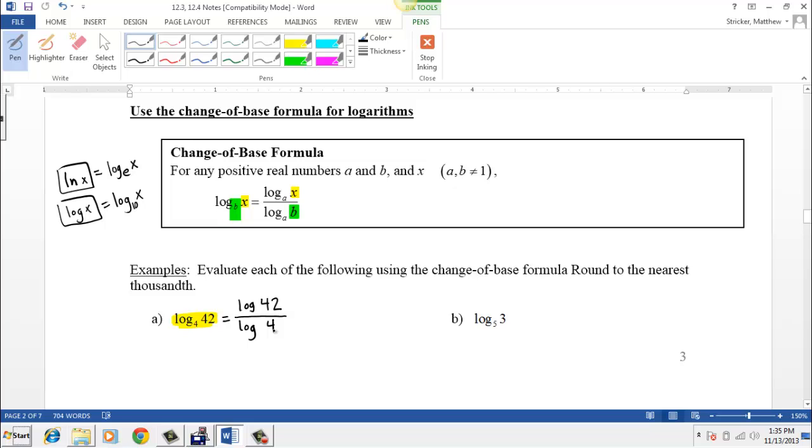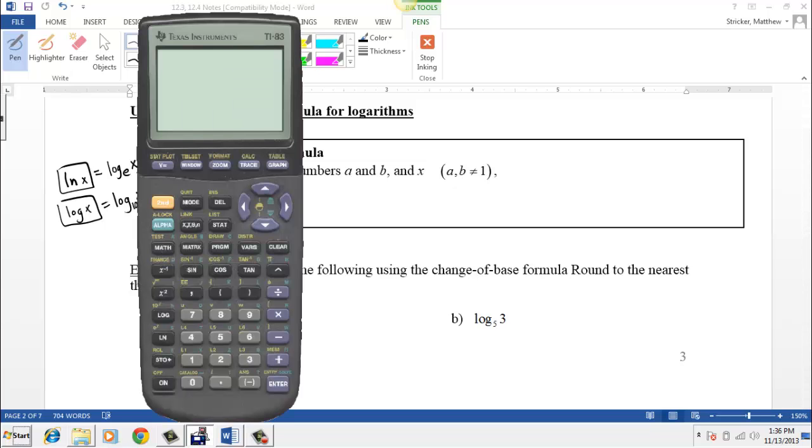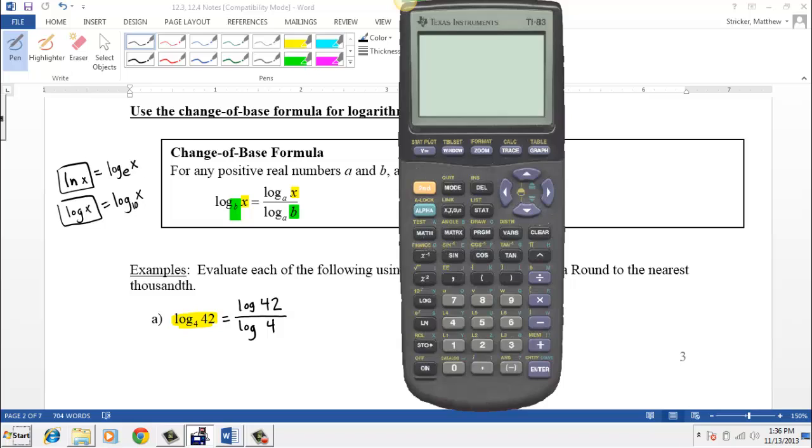And now that they're both base 10s, we can calculate this with our graphing calculator. Take the log of 42 divided by the log of 4. And we get 2.696 approximately if we round to the nearest thousandth. 2.696.